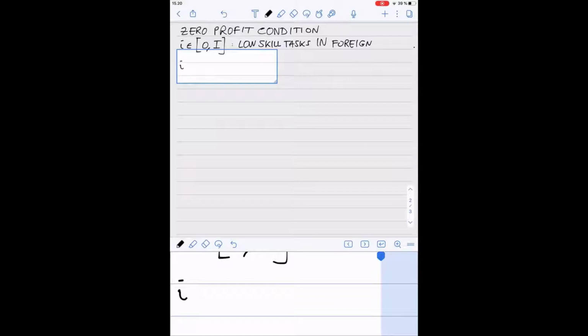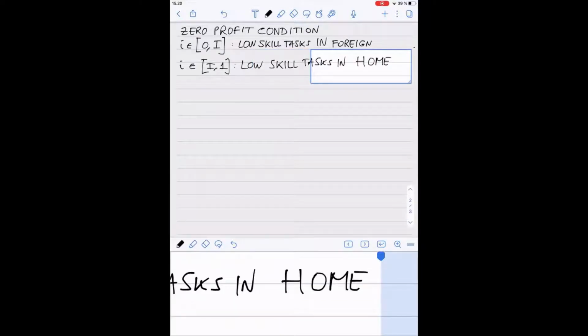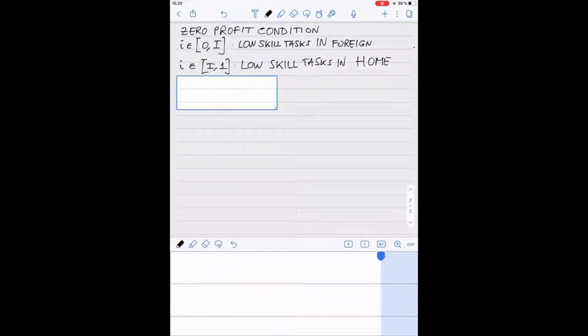And then for I between capital I and 1, we have low skill tasks produced at home. And then we also assume that all high skill tasks are produced at home. So there's no offshoring of high skill tasks. Now this is obviously just for simplification. You can easily allow for that to happen in the model.